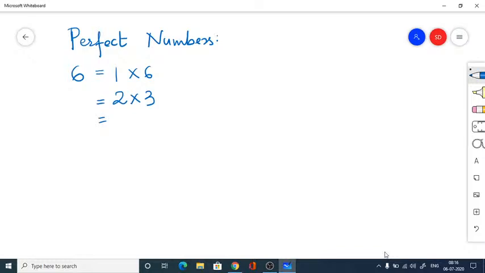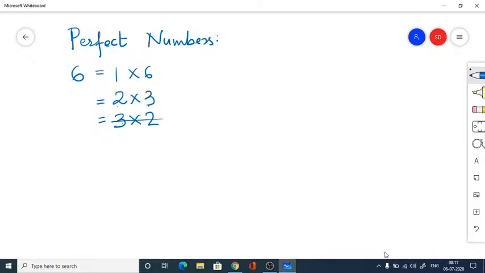Then 5 is not divisible, then comes back 6, so again you have 6 into 1. Now see, not this way, I will not do this. After 2 we will have 3, right? 3 into 2. Now 3 into 2 is the same as 2 into 3. I'm not getting any new factor from this pair, so I will not consider this.